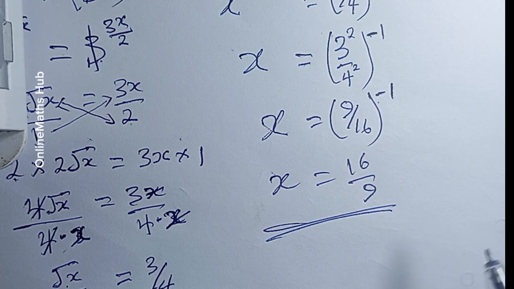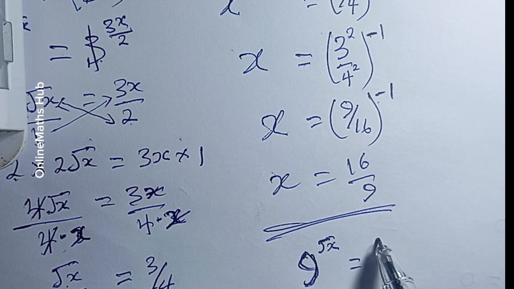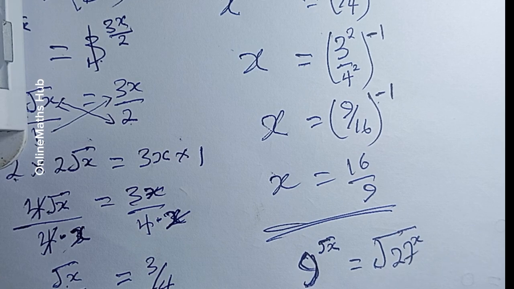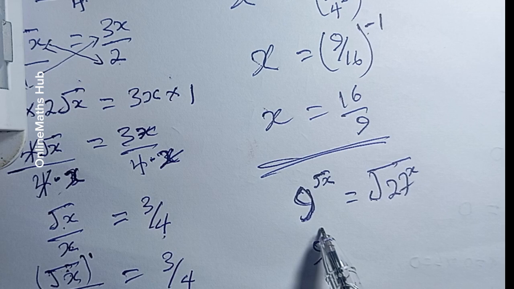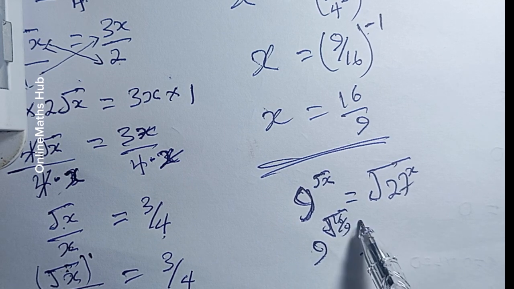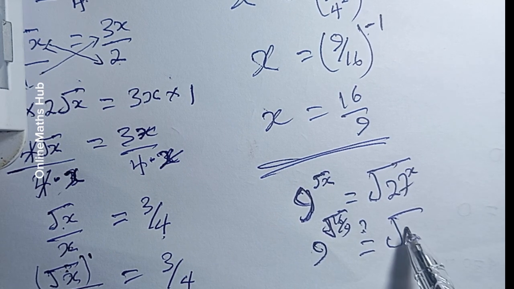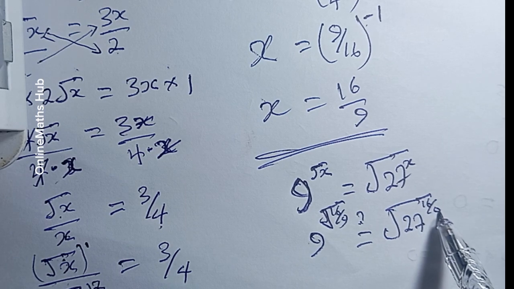And of course you want to find out whether this is actually going to satisfy the problem we just solved. So what we solved is 9 power root x is equal to root 27 power x. So if you replace what we've got for x, you're going to be having 9 power root 16/9, would that be equal to the root of 27 power 16 divided by 9.